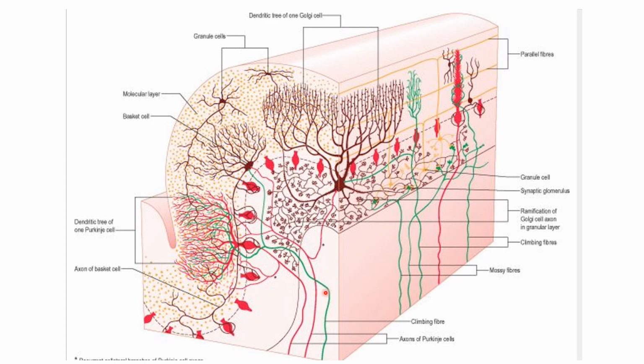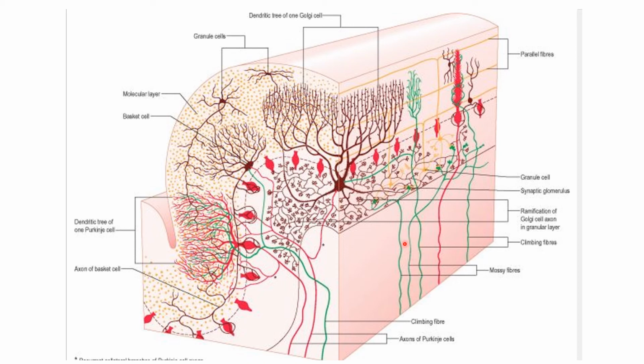So the climbing fibers are the olivocerebellar, and the mossy fibers are the rest of the fibers coming to the cerebellum, like vestibulocerebellar and reticulocerebellar.